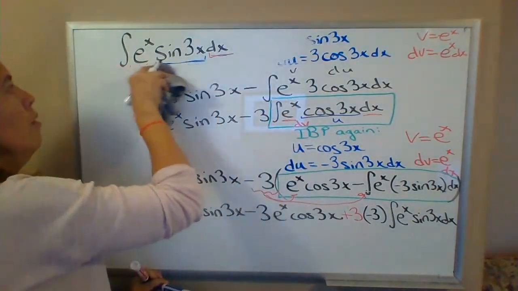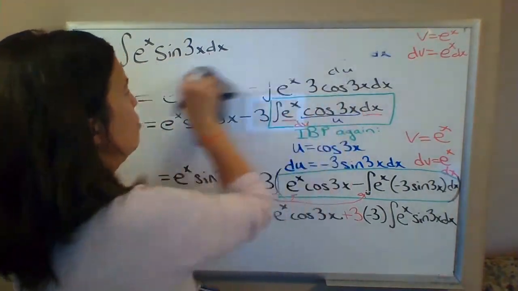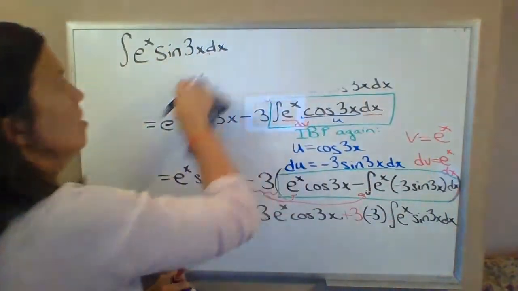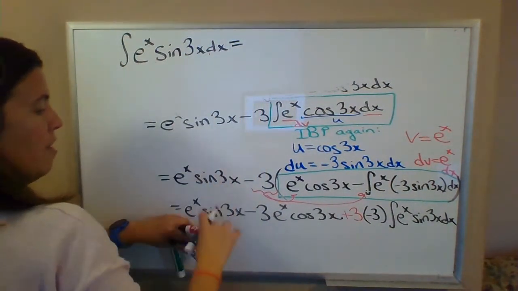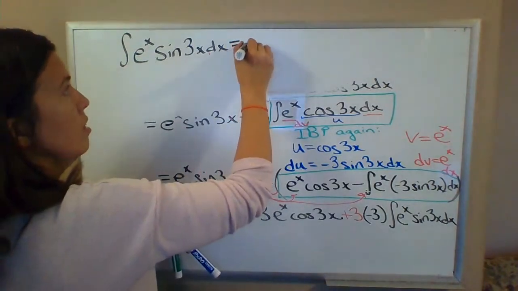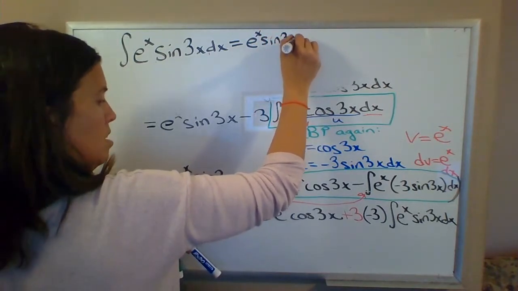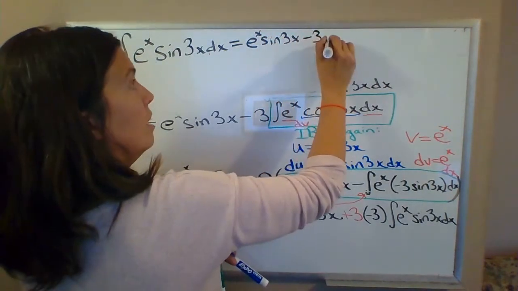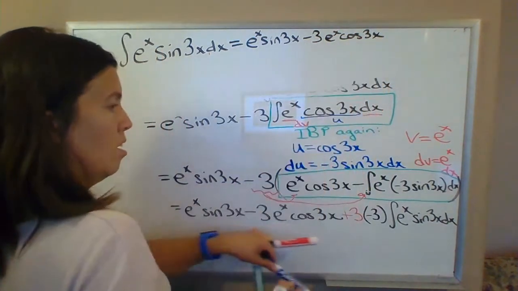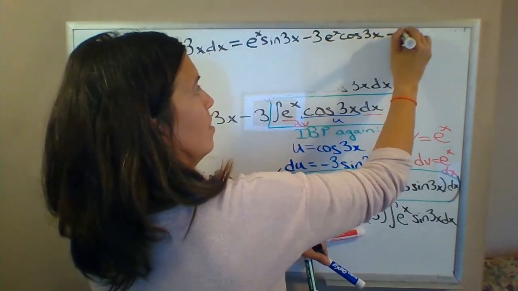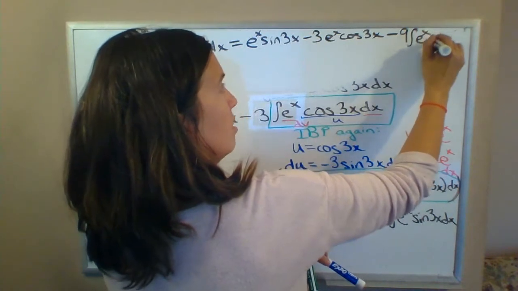What we know now is that the integral of e to the x times sine of 3x is equal to, I'm going to copy from this step down here, e to the x sine of 3x minus 3 e to the x cosine of 3x minus 9 times the integral of e to the x sine of 3x.